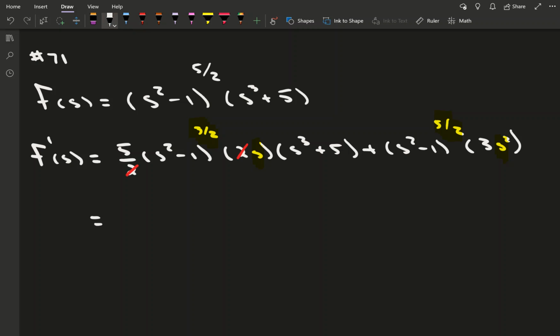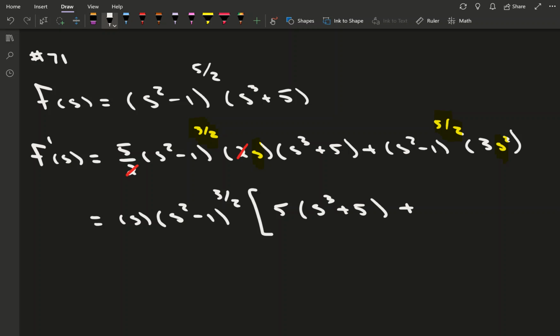So what am I going to factor out here? I'm going to factor out an s, and then (s squared minus 1) to the least power of 3 halves. Okay, let's see what's left over. Well, it looks like that 5 is left over. Now I factored out (s squared minus 1) to the 3 halves, so that won't be there. I factored out that s, and I'm left with s cubed plus 5.